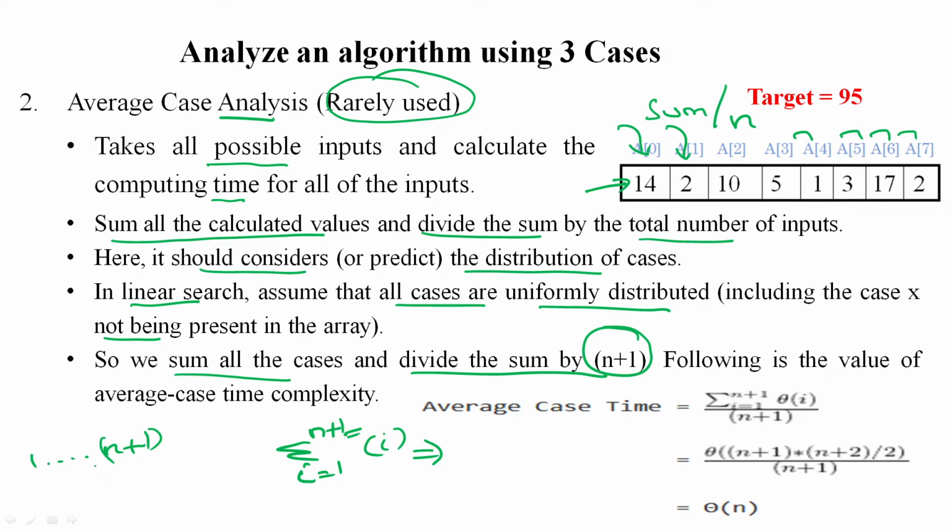This is the sum of numbers from 1 to n plus 1. The sum of numbers 1 to n is equivalent to n into n plus 1 divided by 2. This is for n numbers, but here we are using the sum of n plus 1 numbers.